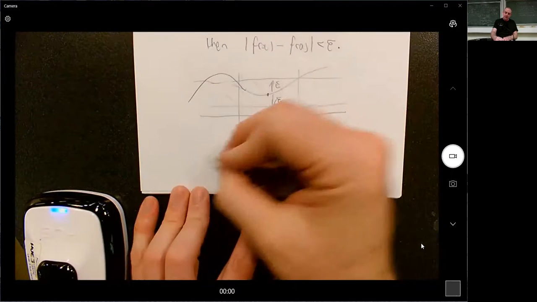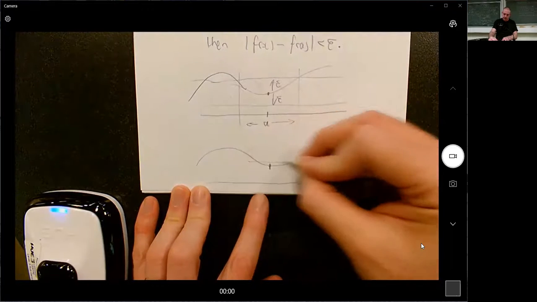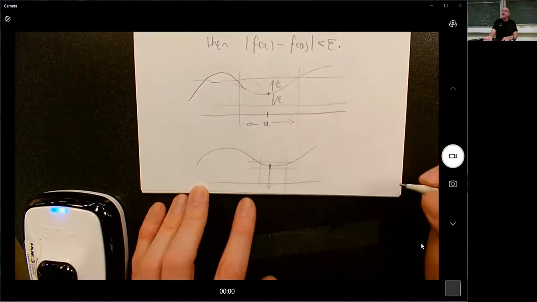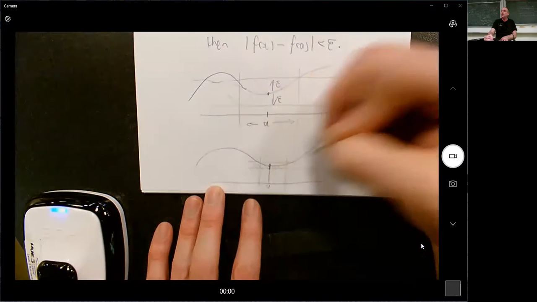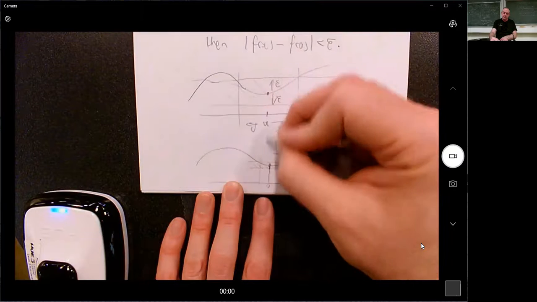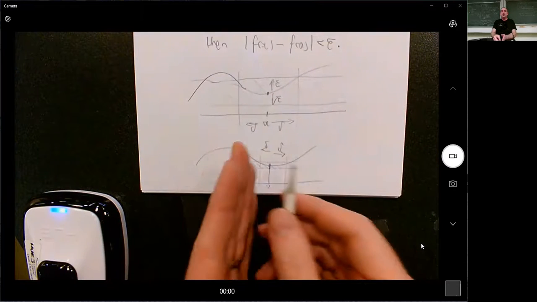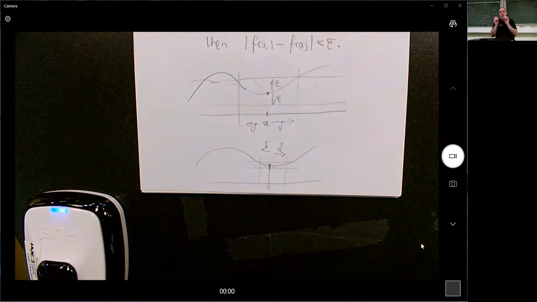But if I wanted to make it even closer, like that, then there'd be a new delta that fits all of the function values within that plus or minus epsilon zone. That's delta this way, delta that way. And so however close you want to be, you can get close to A, and the function is always definitely that close for all of the zones in there.